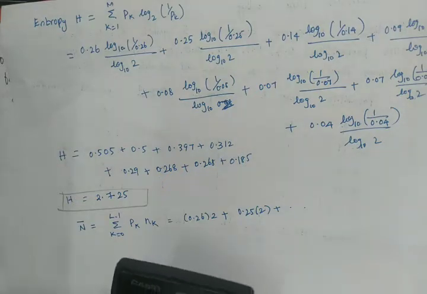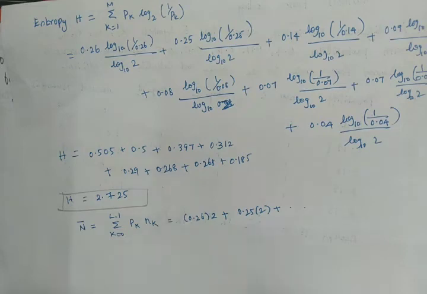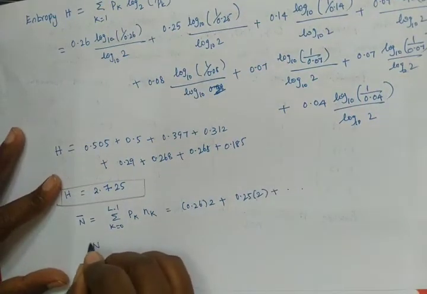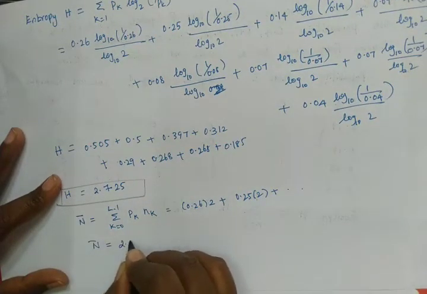Plus 0.25, 0.14, 0.09, 0.08, 0.07 into 4, 0.07 into 4, 0.04 into 4. Therefore, n bar is equal to 2.75.